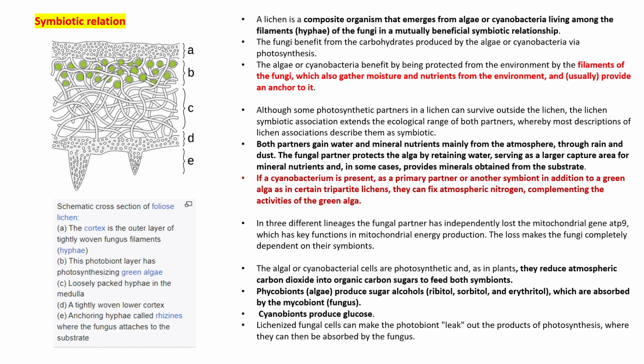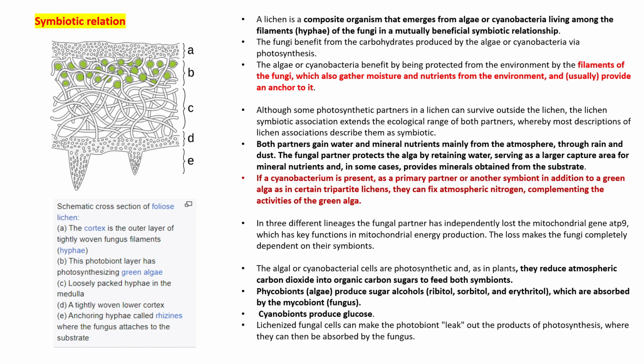Now, what does the fungus do? The fungus provides anchor, and it provides nutrients by absorbing them from the surroundings because of its long hyphae. Also, it absorbs moisture. And what do the algae and the cyanobionts do? They produce food by means of photosynthesis, which is absorbed by the fungi.